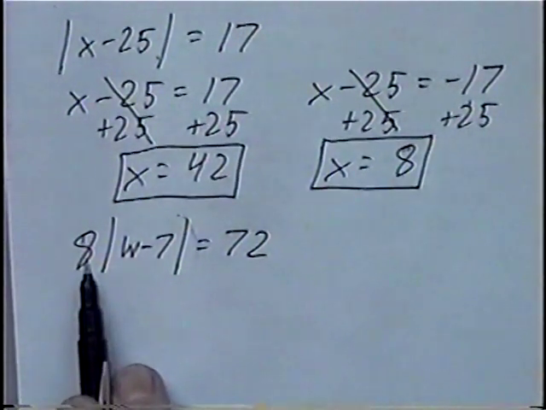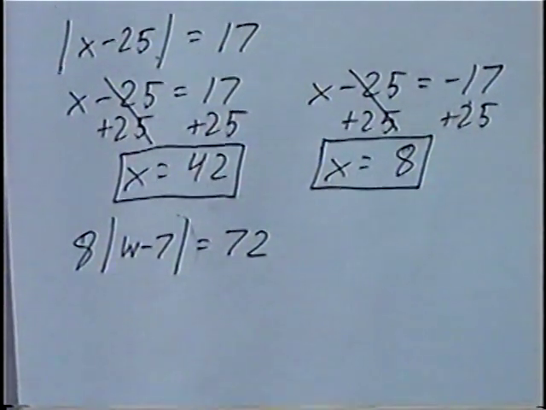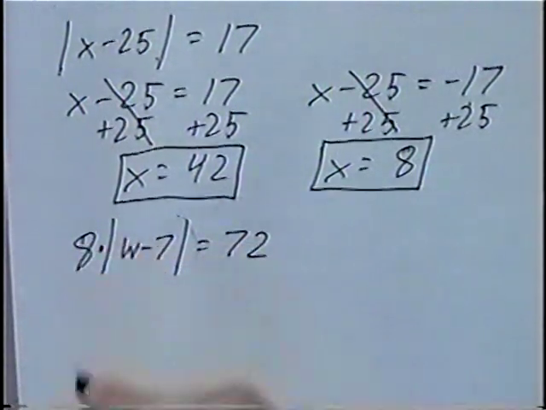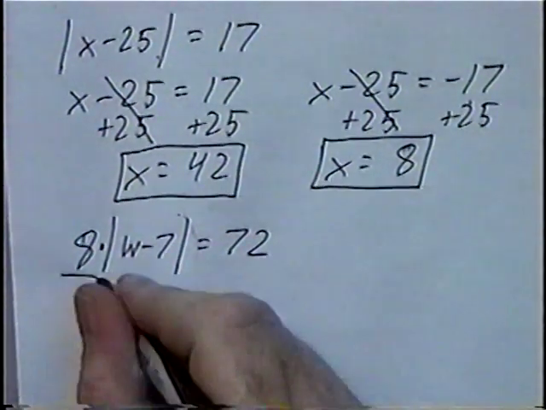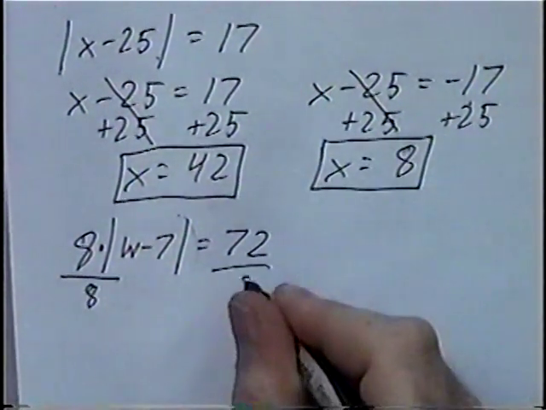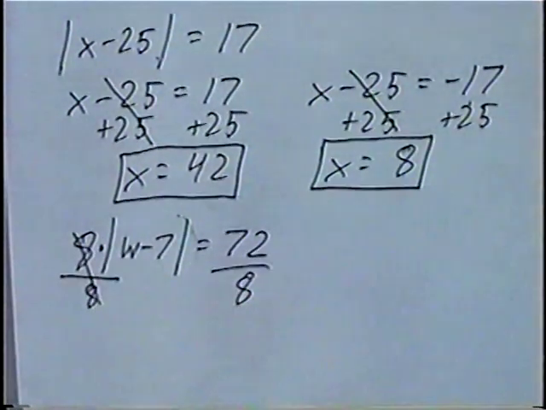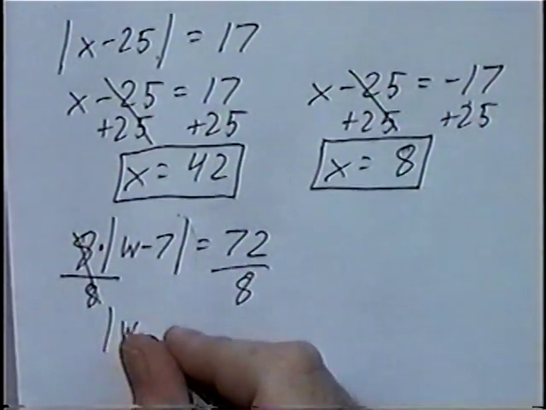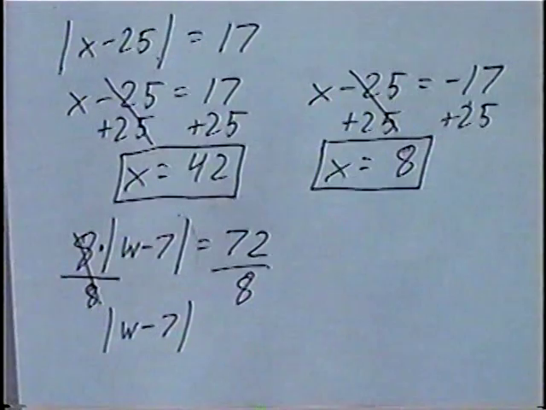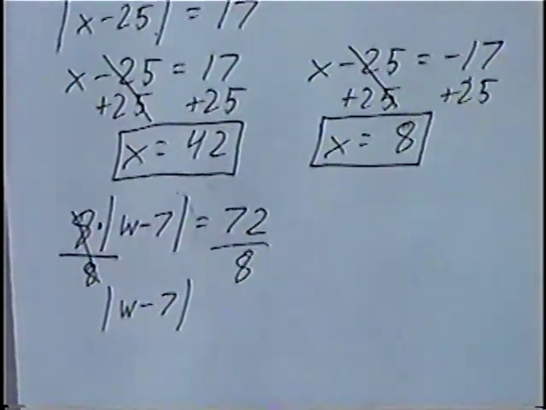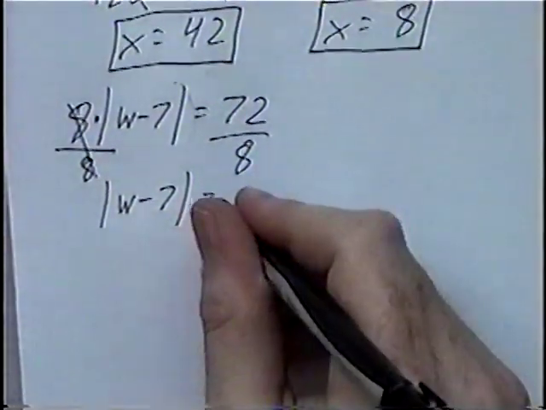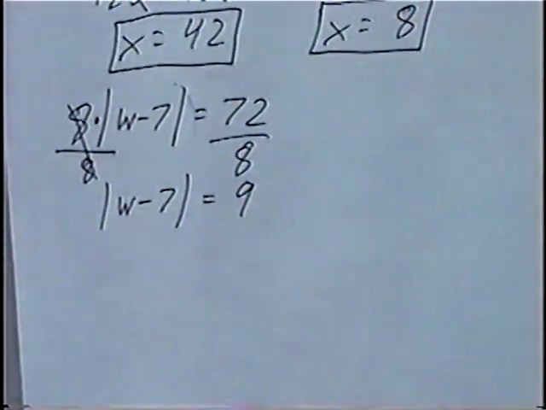For this equation, we have to move the 8 to the other side. Since this is 8 times the absolute value, we can divide both sides by 8. That way we're left with just the absolute value on one side, w minus 7, and equals 9.